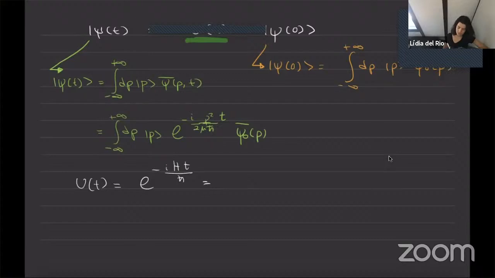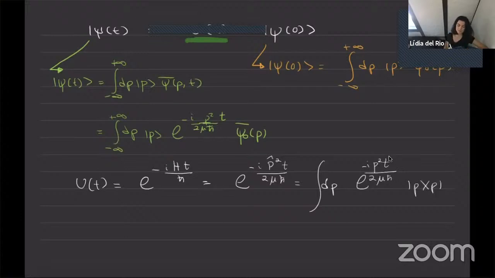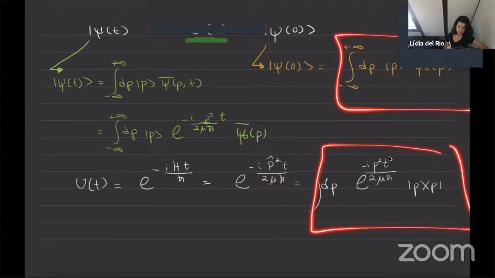It is e to the minus i p squared t over 2 m h bar, which is exactly, if we expand it in the momentum basis, going to be |p><p|, and what's in the middle is this coefficient, e to the minus i p squared t over 2 m h bar. And you can see that if you multiply this matrix times this vector, you get this vector.